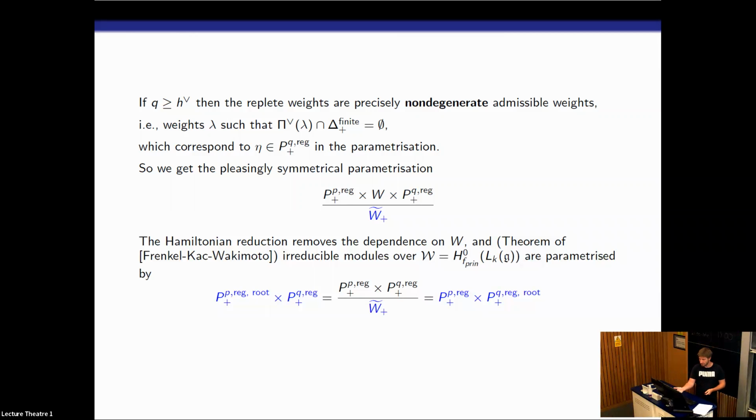So effectively, you just turn one of these two sides into not weights, but rather roots. Now in simply laced cases, you can do this either way and choose which you want to do. In non-simply laced cases, you might have a problem if either P or Q is not co-prime to the lacing number. But if one of P and Q is not co-prime to the lacing number, then the other will be co-prime. So you can always have one or other of these two equalities hold. Okay.